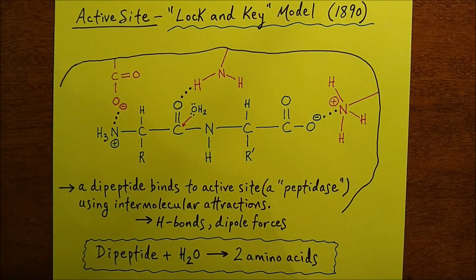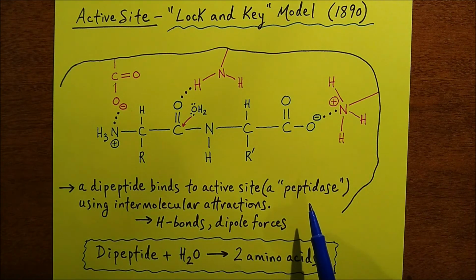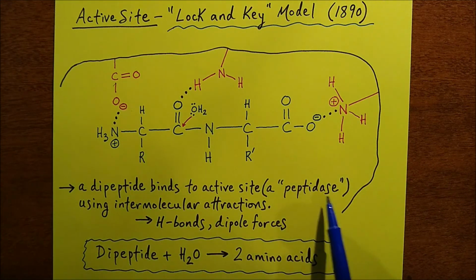So in biochemical reactions, if this dipeptide needs to be broken down, it needs an enzyme in a cell. The particular enzyme for this would be called a peptidase. There's the ASE ending I'm talking about. Or it might be called a protease.